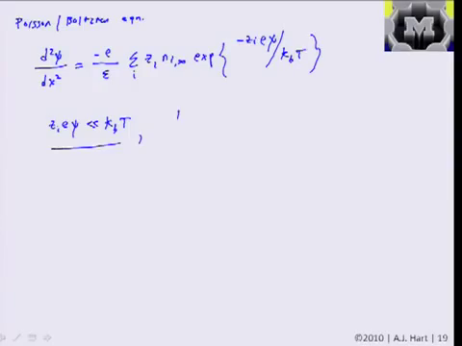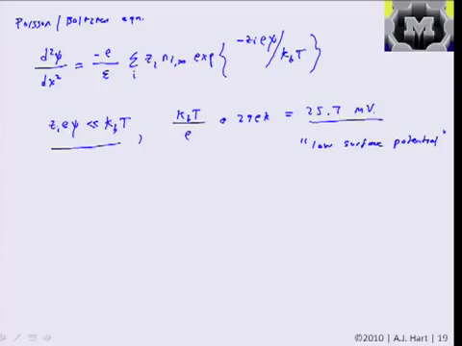And this turns out to give kind of a rule of thumb at STP of 25.7 millivolts. So a surface potential of 25.7 millivolts is what's called a low surface potential. Effectively, the value of the thermal energy in terms of a potential at room temperature.